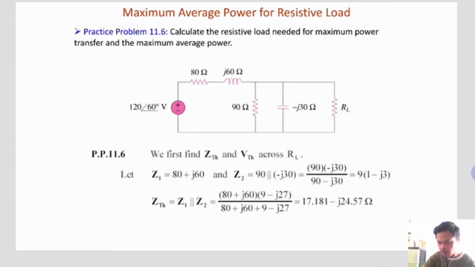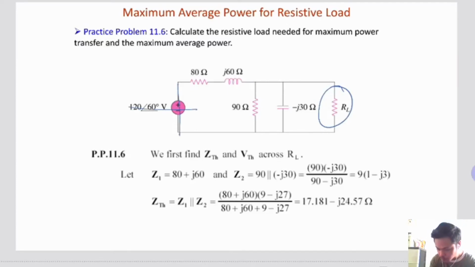Here, calculate the resistive load needed for maximum power transfer and the maximum average power. First we find the ZTH and VTH across RL. To find ZTH, again we need to turn off all independent sources. We turn off this voltage source.